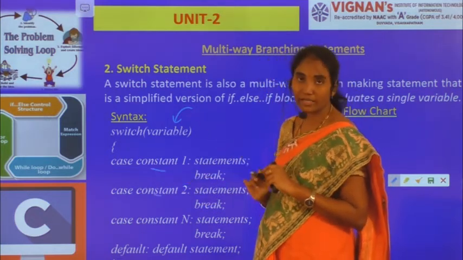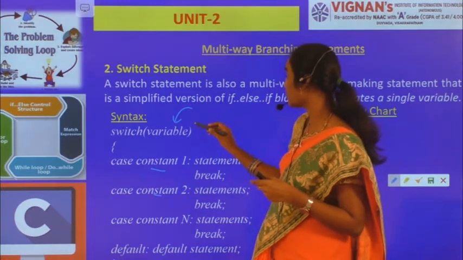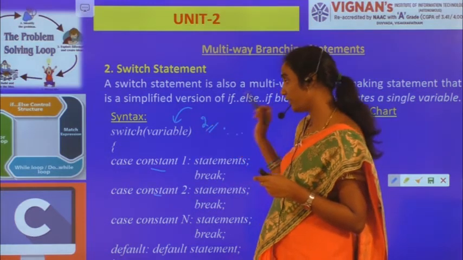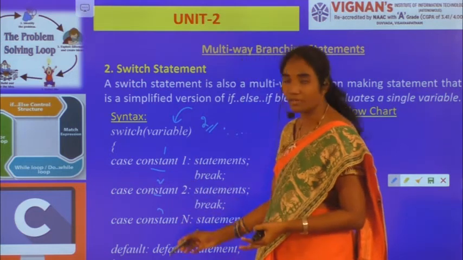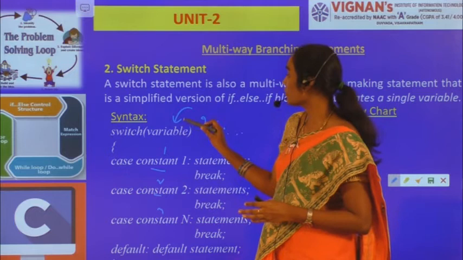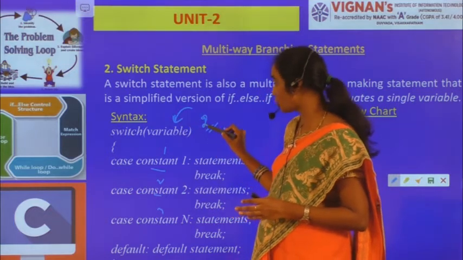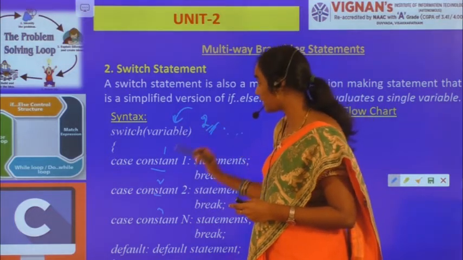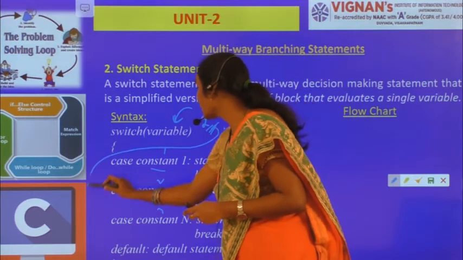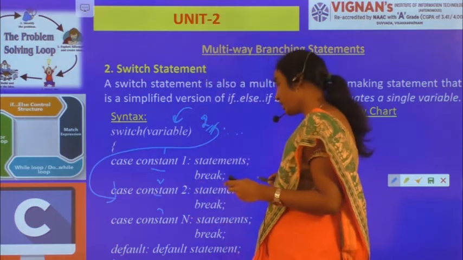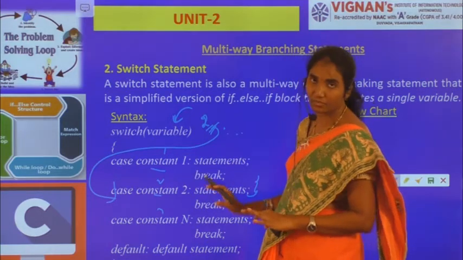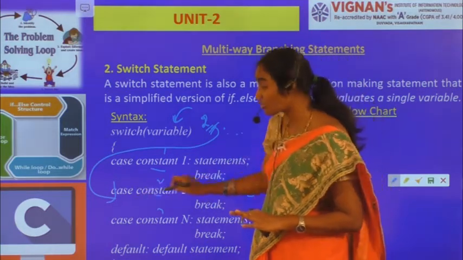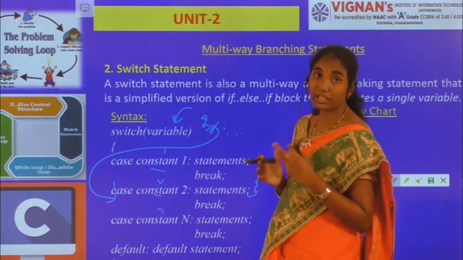So for example I'm getting the variable value as 2, right? Here case constant 1, constant 2, constant 3, likewise I am having all the cases, right? So if the variable matches, then immediately it will go to the case constant 2. So then it will execute only these statements, not all the statements. It will execute only the case 2 statements. Remaining statements it will ignore.